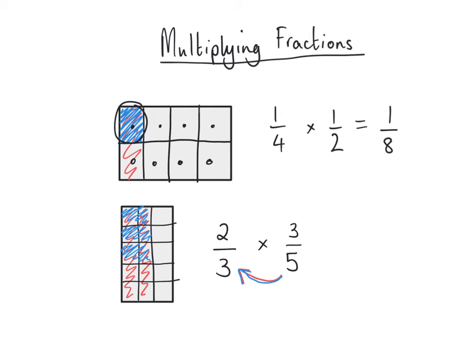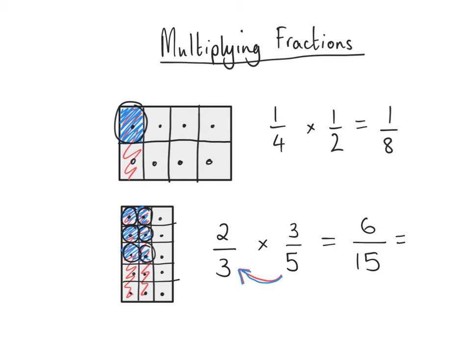Now let's look at what we've now shaded. We've got 1, 2, 3, 4, 5, 6 out of 1, 2, 3, 4, 5, 6, 7, 8, 9, 10, 11, 12, 13, 14, 15. Now don't forget, when you're answering on your Hegarty, you will need to simplify your answers.